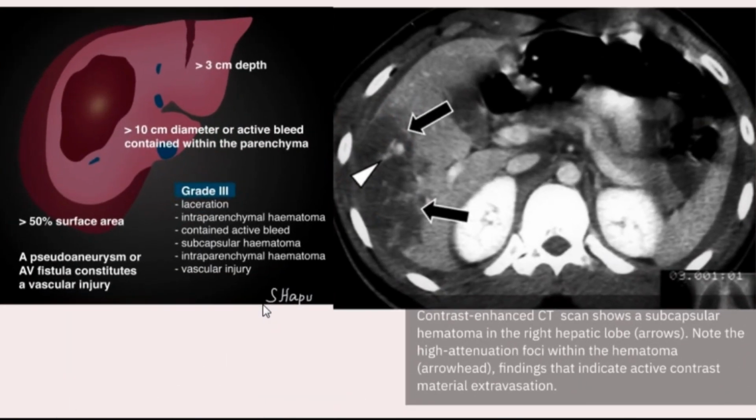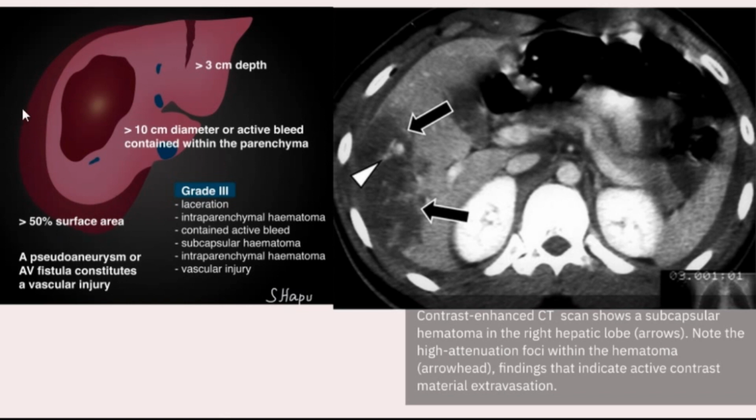So any vascular injury is grade 3, immediately. Yes, but here it's confined. It's not confined. As long as it's a vascular injury, we are grade 3 and above. Yes. Not hemoperitoneum. Yes.